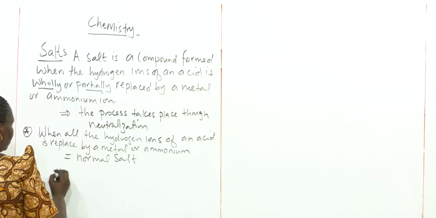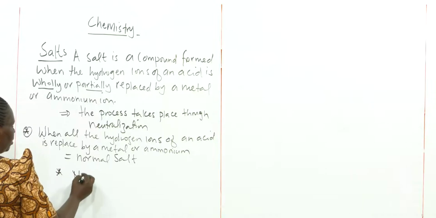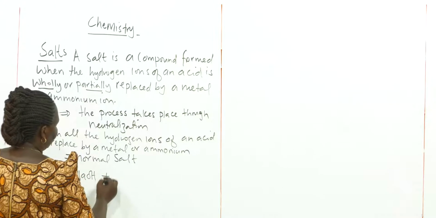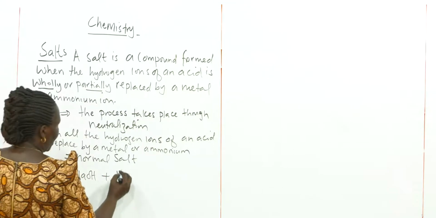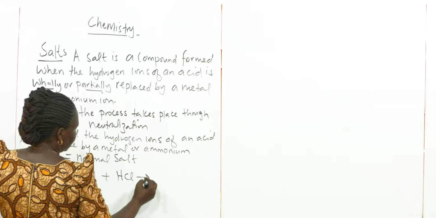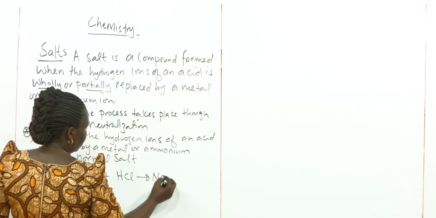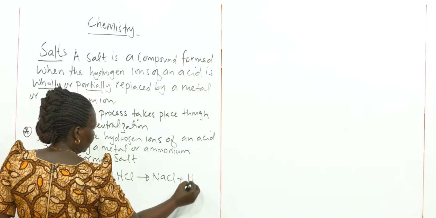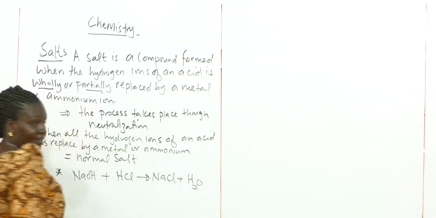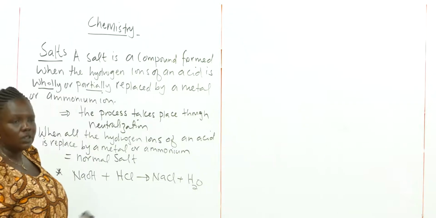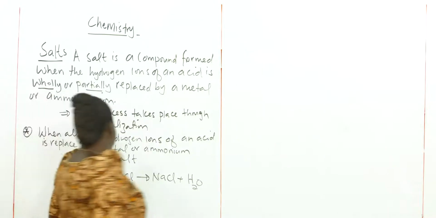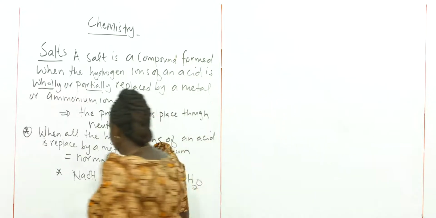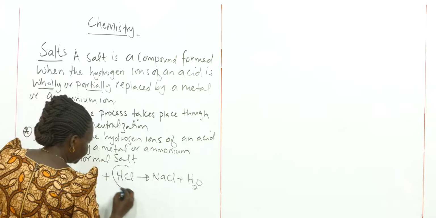For example, we have sodium hydroxide plus hydrochloric acid. This gives us sodium chloride plus water. So this is a neutralization reaction. In this reaction, our acid is hydrochloric acid.